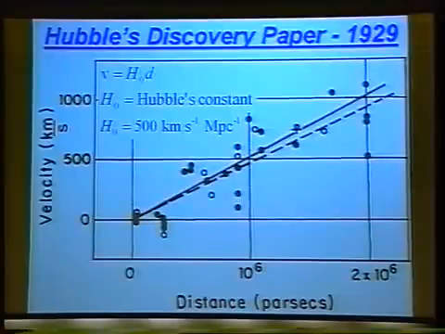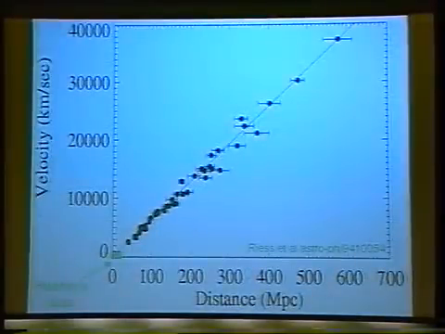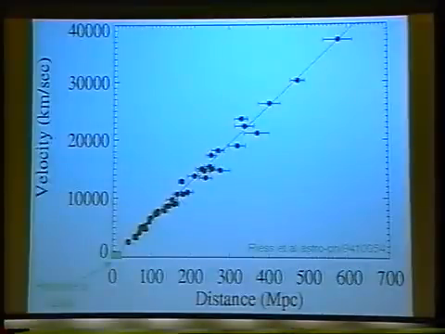Of course, now we know that Hubble was right, although this evidence is not really striking. But if we look at the Hubble diagram, the recessional velocity as a function of distance, if we go out to much larger distances than Hubble used, so Hubble's original data were down here, indeed it is a linear relationship.